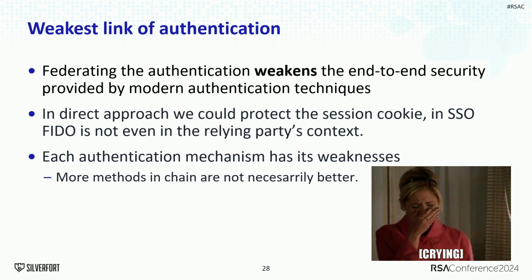It only validates that it was signed by the identity provider itself. And if you add more and more authentication methods to the chain, it will rely on the weakest link of the entire chain. So more methods does not mean that it is necessarily better.